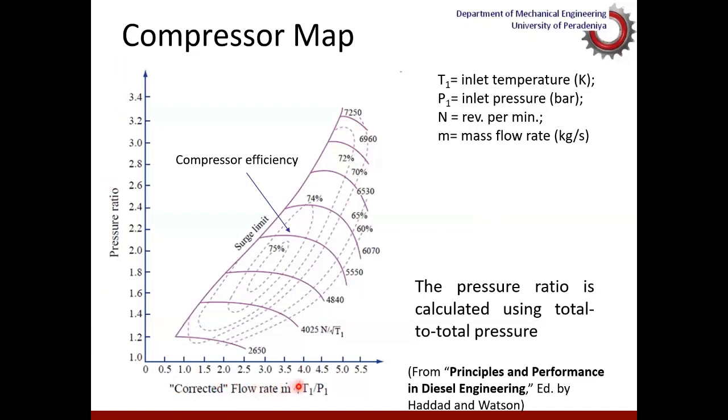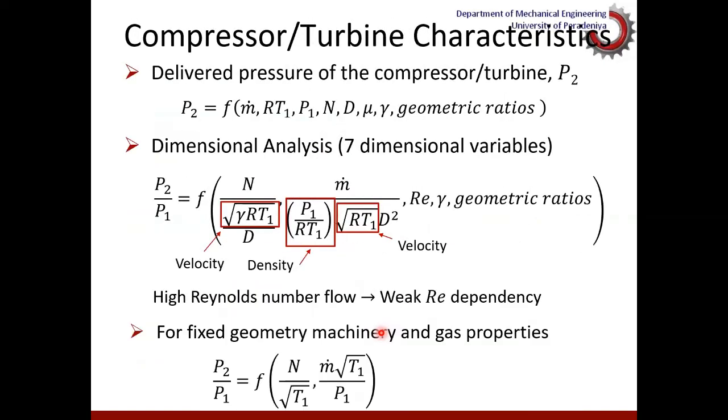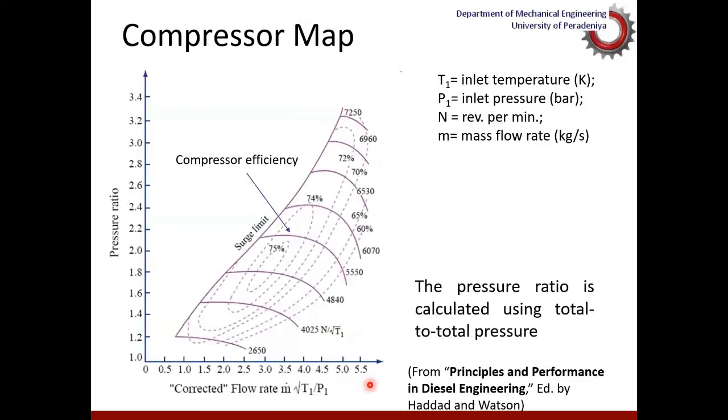So these are corrected pressure ratios and corrected speeds, as we have seen in the previous slide. So corrected to the non-dimensional quantities, as you can see here. These quantities are given here and here. These are the speed curves, so the testing under different speeds.